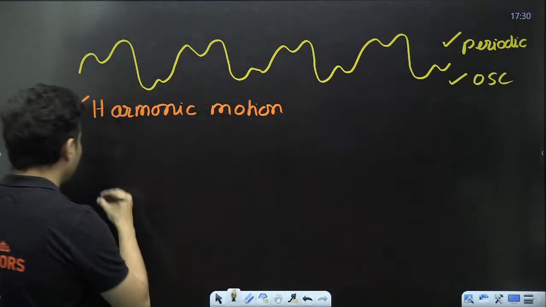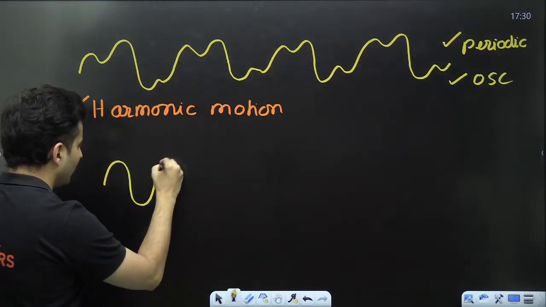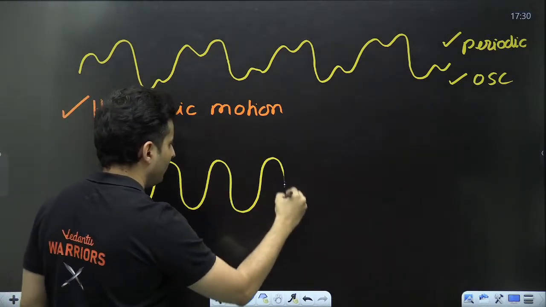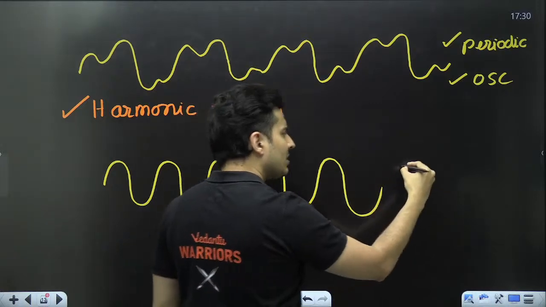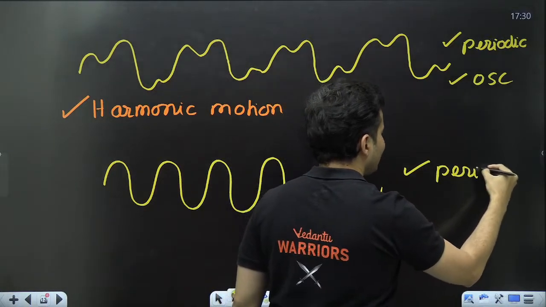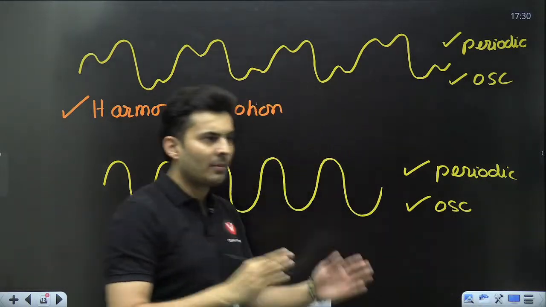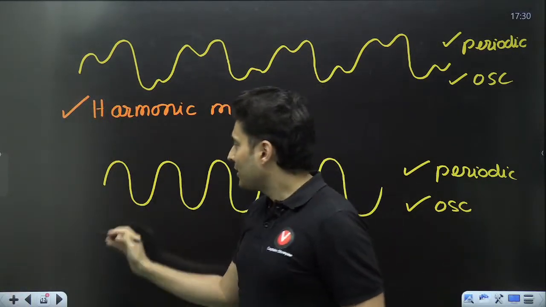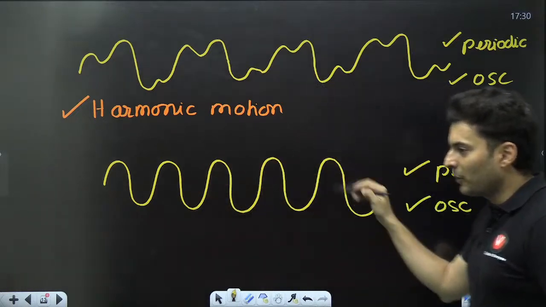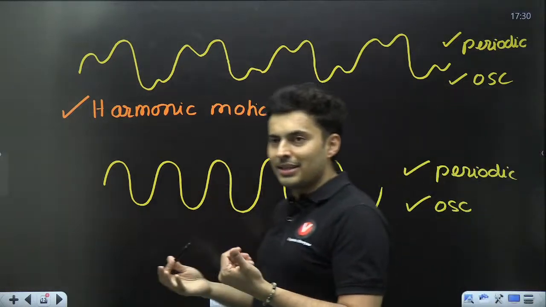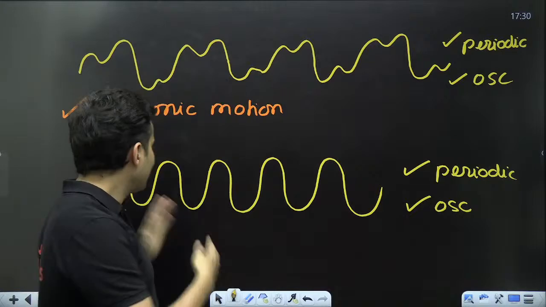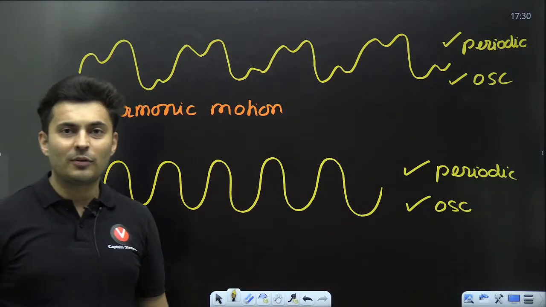But look at this. Up, down, up, down, up, down. This is also periodic. This is also oscillating. I'm going left, right. So this graph is oscillating, number one. Number two, it is repeating at fixed intervals of time.